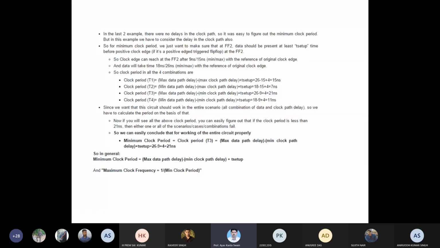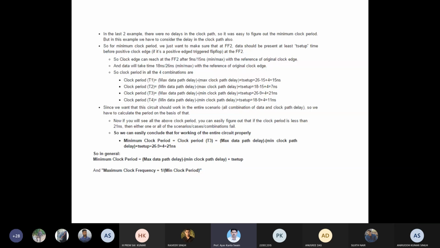Then second, he is taking minimum data path delay minus maximum clock delay plus T setup, which is 7 nanosecond. In the third, maximum data path delay minus minimum clock path delay plus T setup, which is 21 nanosecond. Then the final one is minimum data path delay minus minimum clock path delay plus T setup, which is equal to 11 nanosecond.